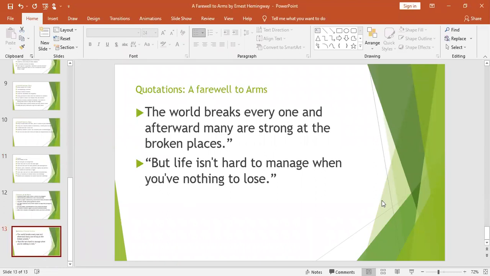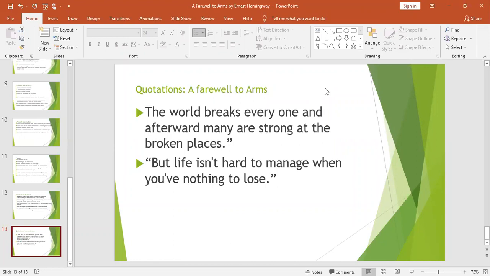I have got these two quotations from the text. The world breaks everyone, and afterwards, many are strong at the broken places. As we know, we go through sufferings, we have many painful and bitter experiences of life, as war is also a bitter experience.